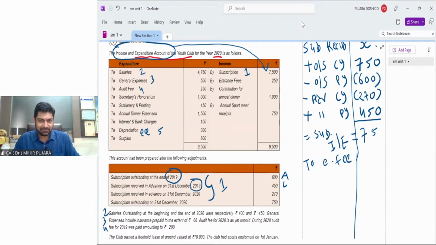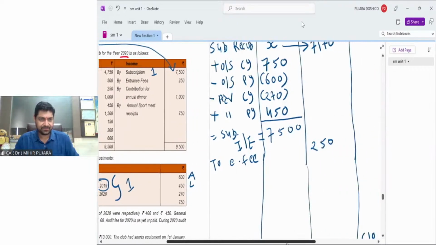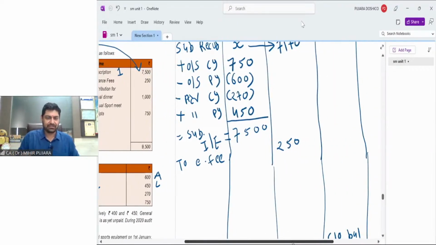So 1,000 and 750 you can simply put on the receipt side. Simple. Dinner and sports.